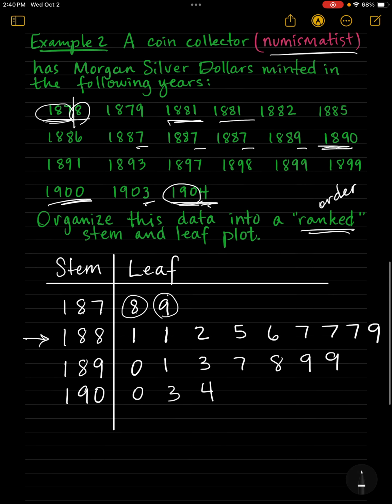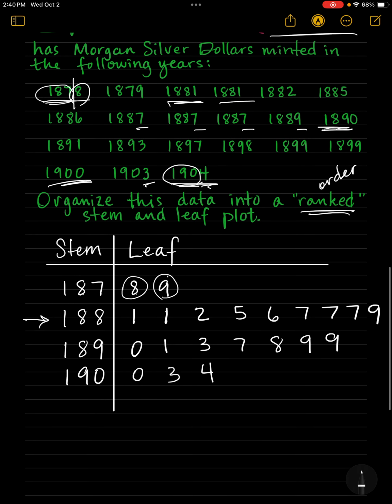What's really nice about a stem and leaf is it's fewer numbers. Like say you wanted to find the median. You could count 1, 2, 3, 4, 5, 6, 7, 8, 9, 10, 11, 12, 13, 14, 15, 16, 17, 18, 19, 20, 21. So then I would say, oh, that's 10 numbers on each half.